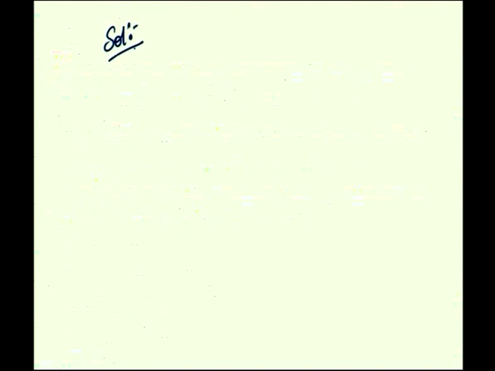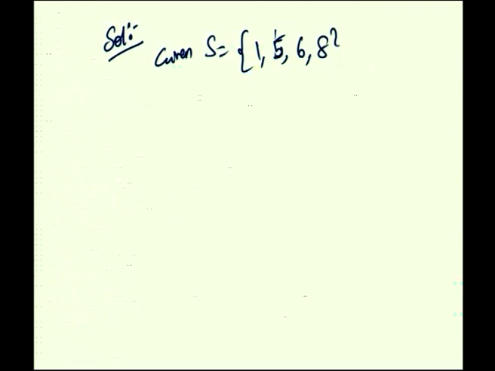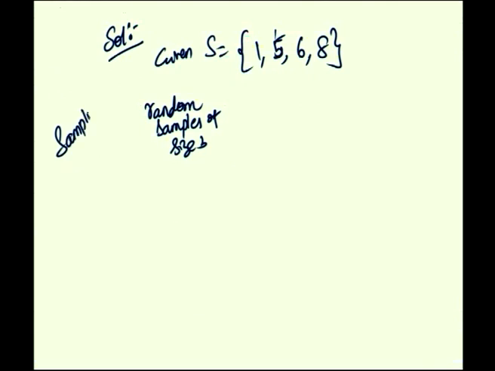First of all, we shall determine the probability distribution of S square. The population is given as 1, 5, 6, 8. Random samples of size 3, sampling without replacement, so no repetition will be allowed.